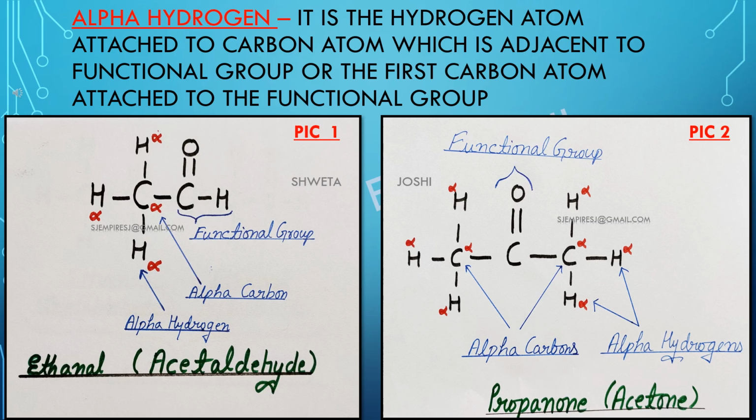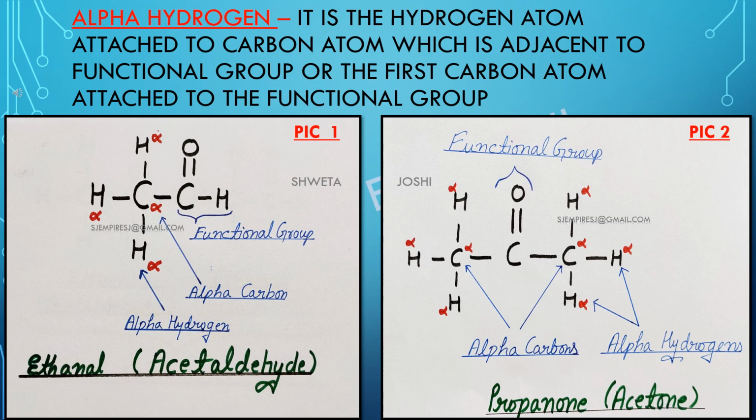For aldol condensation reaction, the basic requirement is the presence of alpha hydrogen atom in the aldehyde or ketone. Alpha hydrogen is the hydrogen atom attached to the carbon atom which is adjacent to the functional group. As we can see in the first picture, which is an example of aldehyde, the functional group is CHO.